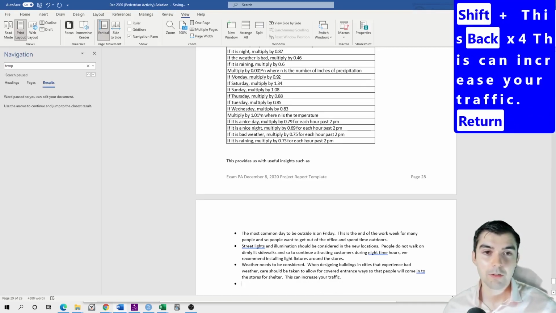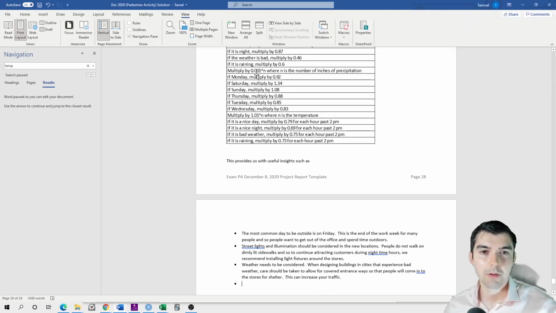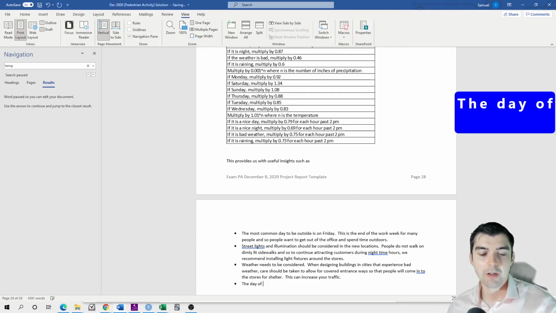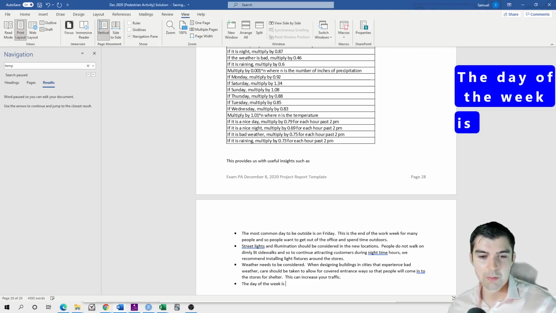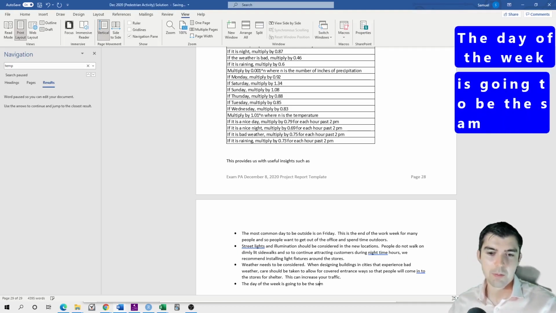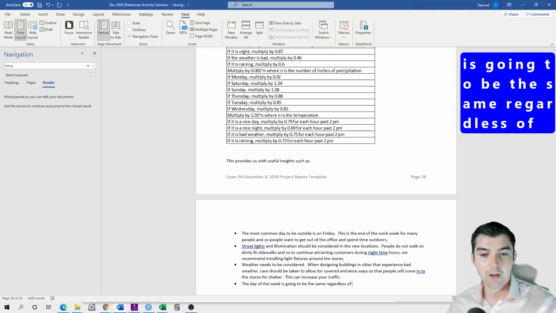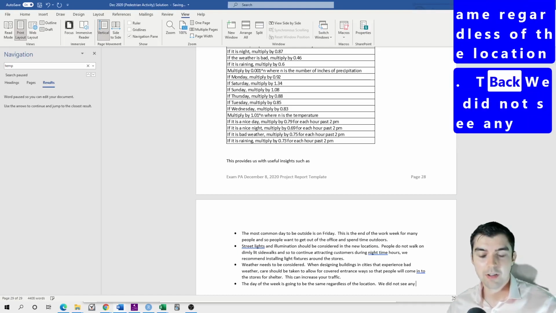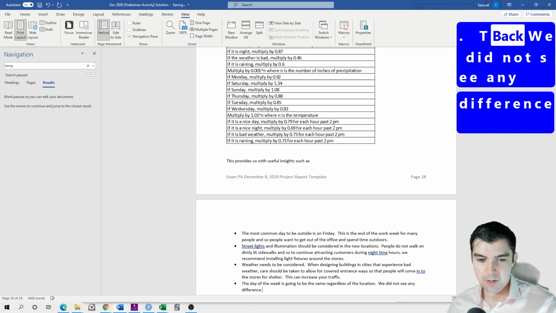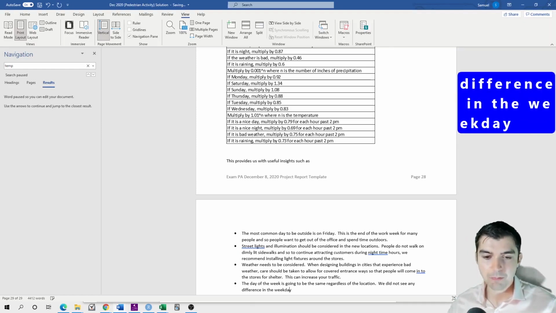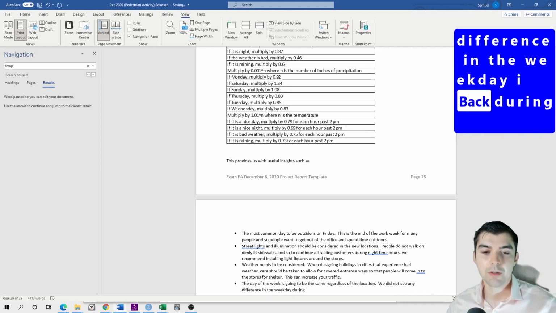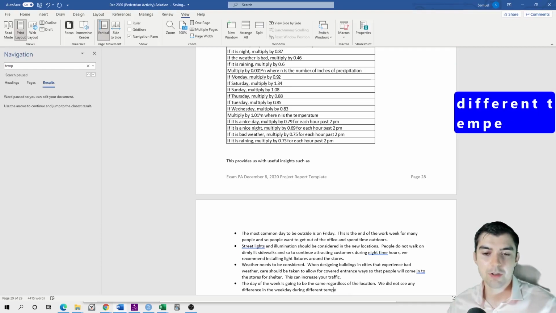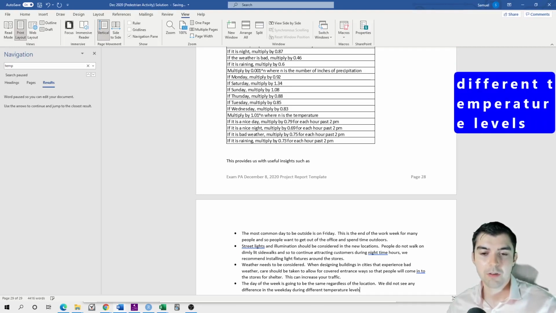There are a lot of different things you could say about these, but you could also think about precipitation. The day of the week is going to be the same regardless of the location. We did not see any difference in the weekday during different temperature levels.